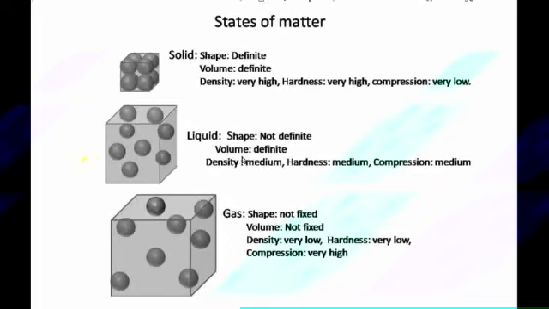How is the volume fixed? See here. In this amount of space, 8 molecules are there. Suppose this space captured is 8 meter cube, taken by 8 molecules. So its length is 2 meter, its breadth is 2 meter, and its height is also 2 meter. So what is the space or volume? 2 into 2 into 2, that means length into breadth into height.